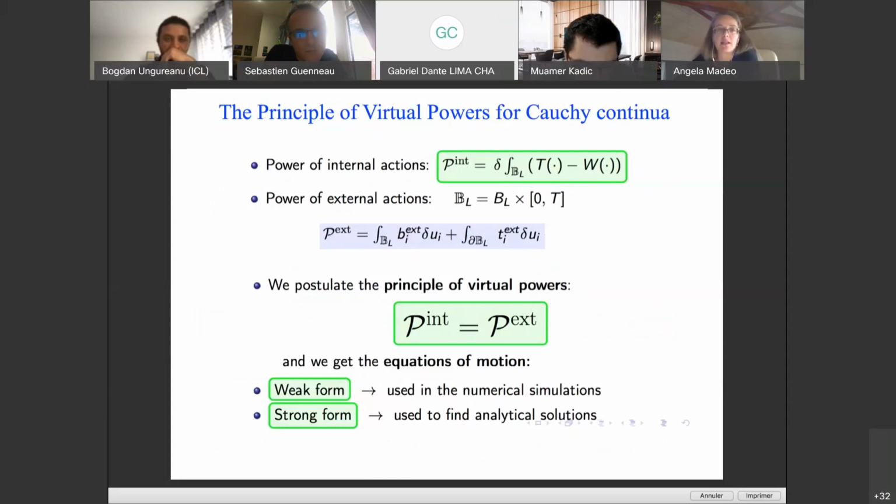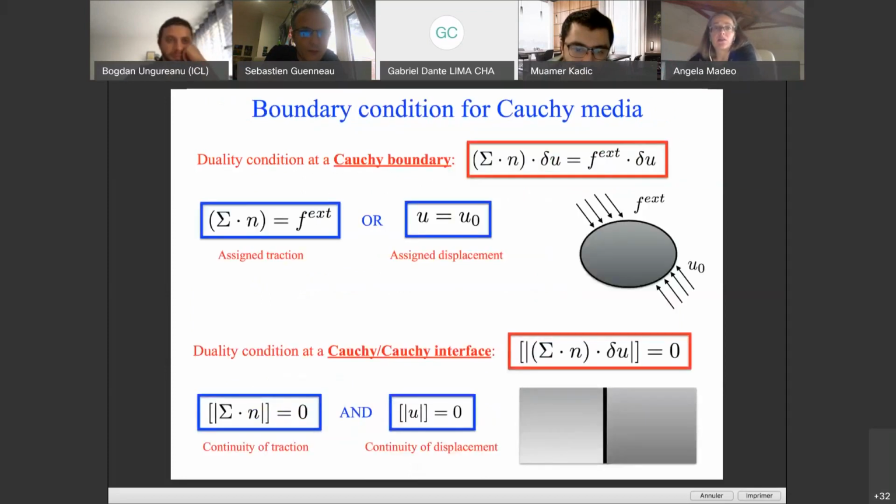So postulating the principle of virtual powers, we get our strong form if we integrate by parts, and so on and so forth. But more interestingly, we also obtain the boundary conditions which are intrinsically consistent with our system of PDEs. So for Cauchy continua, we all know the results.